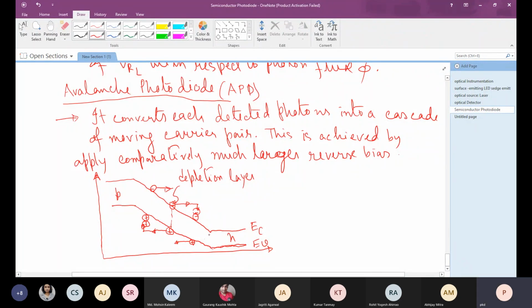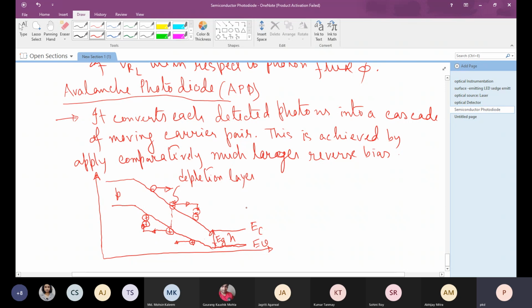So like that, whenever the energy of the carriers is sufficient such that the impact energy corresponding to the generation of a secondary carrier is enough to overcome the band gap energy Eg, secondary carrier pairs will be generated.